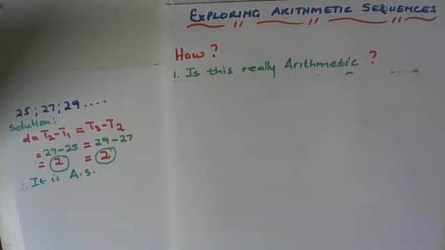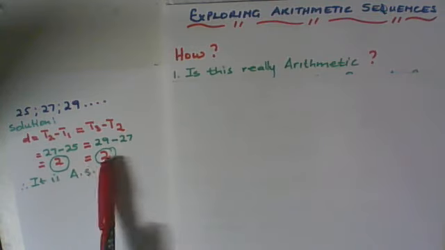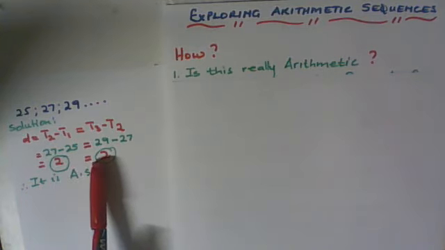So, in order to check whether a sequence is arithmetic, you have to get a constant difference that is similar. It's constant. It doesn't change. It doesn't vary.